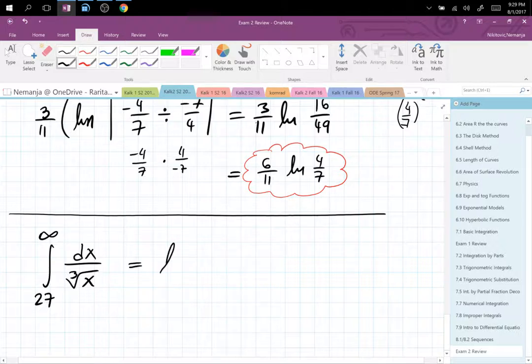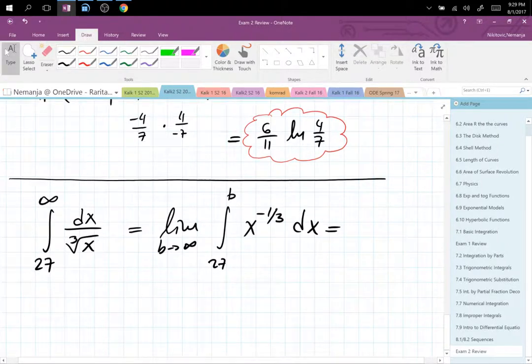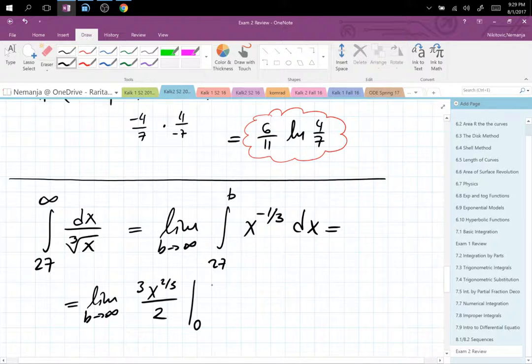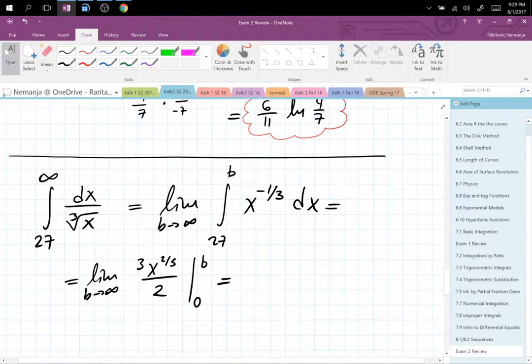So we clearly see that it's an improper integral of type 1 because there's infinity in the limit. And this is x to the negative 1/3 dx. So now we do the plus 1, right? So that's x to the 2/3 divided by 2/3, with the limit as b goes to infinity.